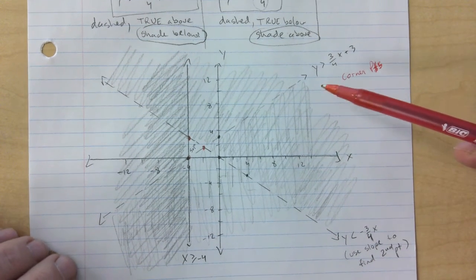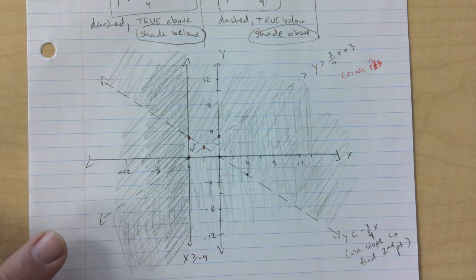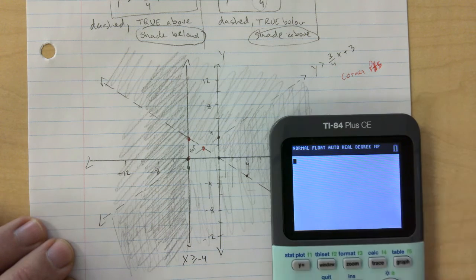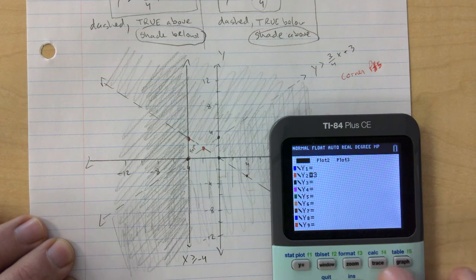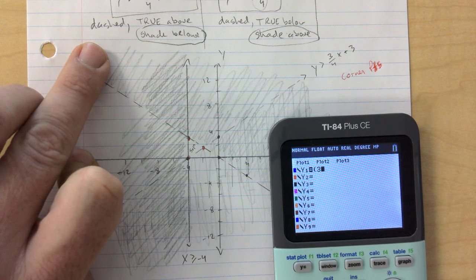So how would you do the corner points? I will actually use my calculator to help show you this. I can't remember if I showed this in detail. So grab your graphing calculator for now. Enter them. We've got 3/4 x plus 3.